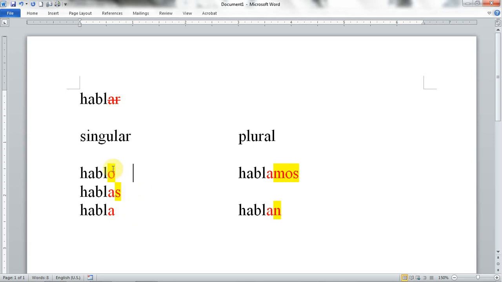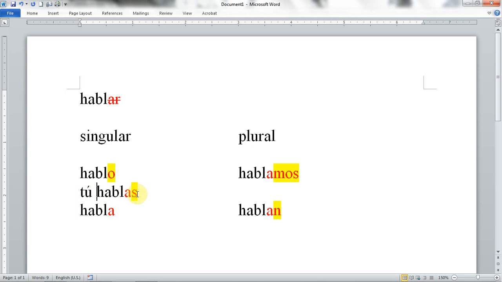Now this is going to be a little bit less reliable, but this is what we're doing. In the present tense, and in many tenses, usually when you see S, that's going to be for tú. Okay, that's every time in the present, and for almost every Spanish tense.